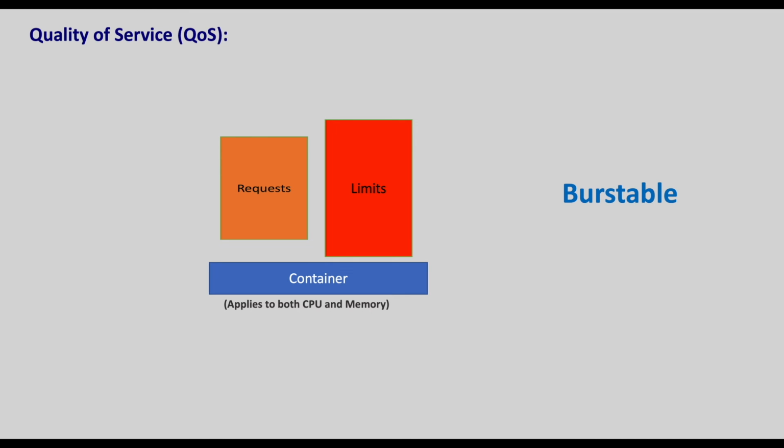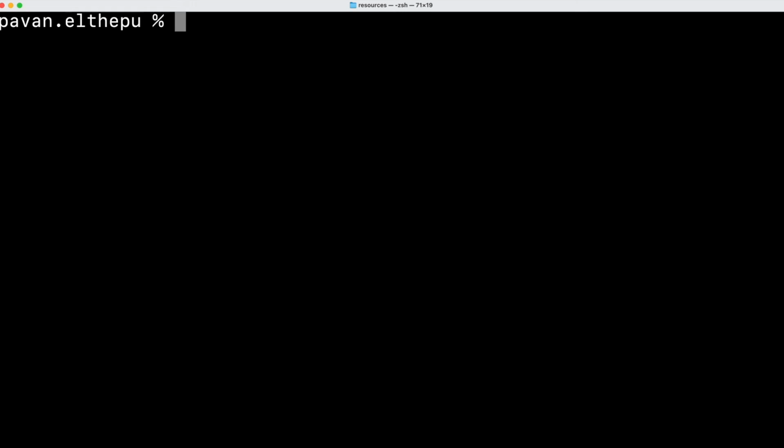So in short, when the system is overcommitted, the quality of service class determines which pod should be killed so the freed resources can be given to the high priority pods. Pods with best effort class are killed first, followed by the burstable pods and finally guaranteed pods. We can check a pod's quality of service by describing the pod. So kubectl describe pod <pod name>.